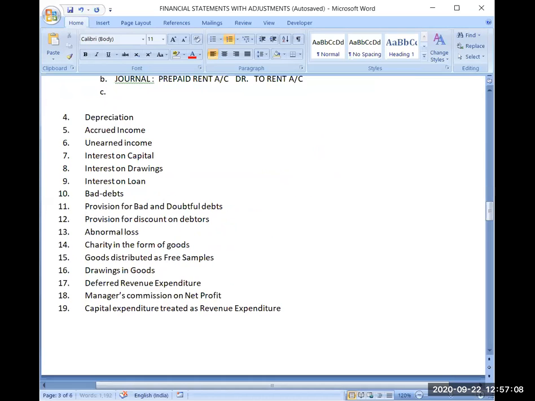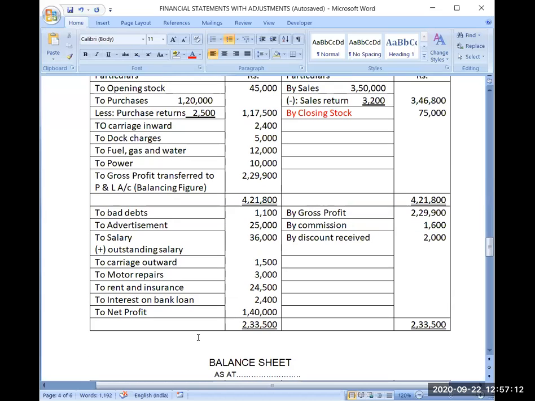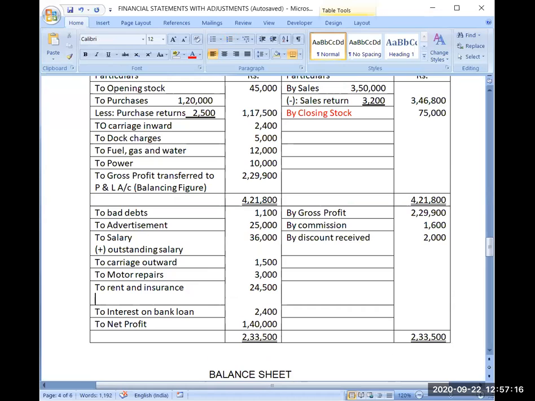So in the trading and profit and loss account, where I have written rent, I will subtract prepaid rent from it.